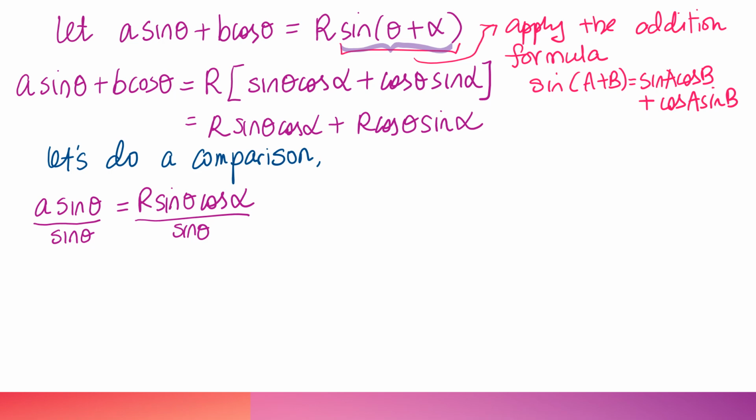So if I divide both sides by sine theta, on the right hand side, I will end up getting r cos alpha, and on the left hand side, I'll get a. So I will end up getting r cos alpha equals a. I'm going to call this equation 1. Then the second comparison will be let b cos theta equal r cos theta sine alpha.